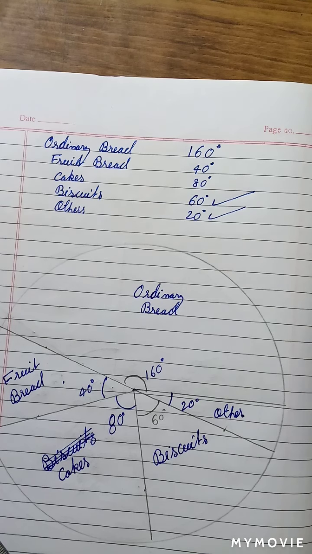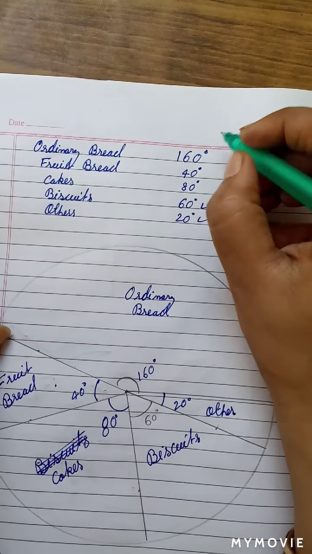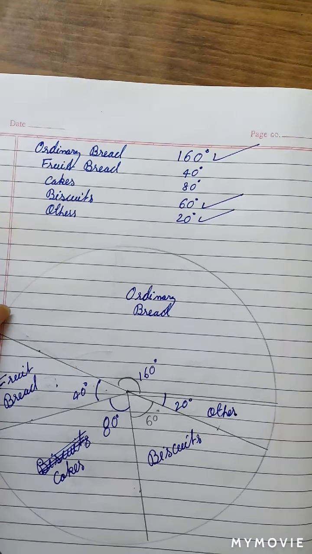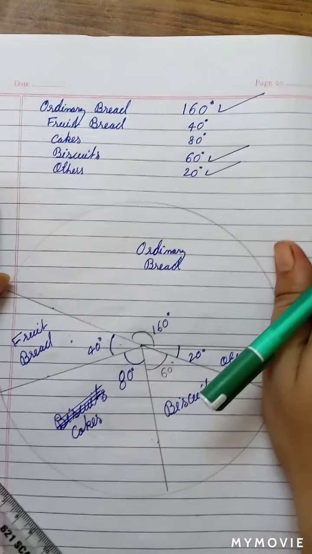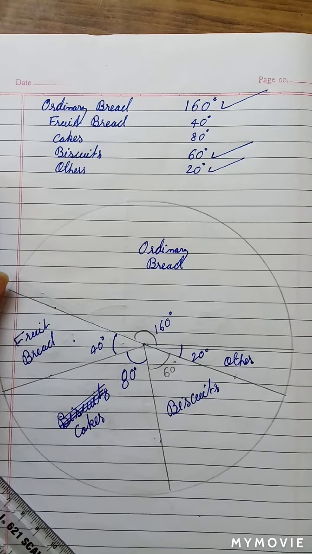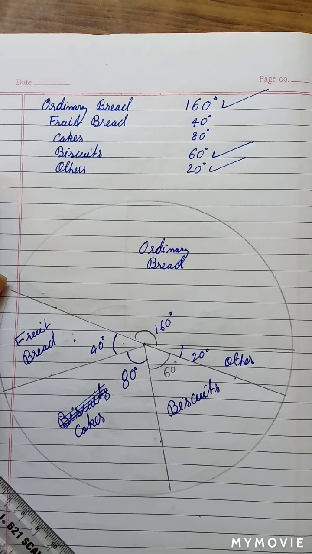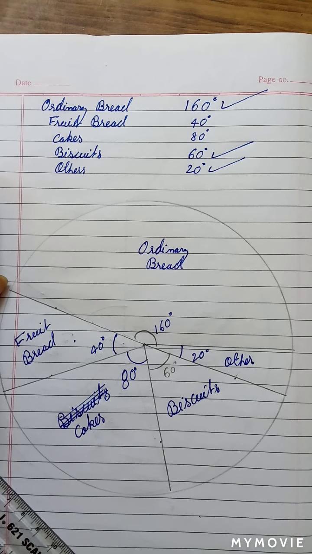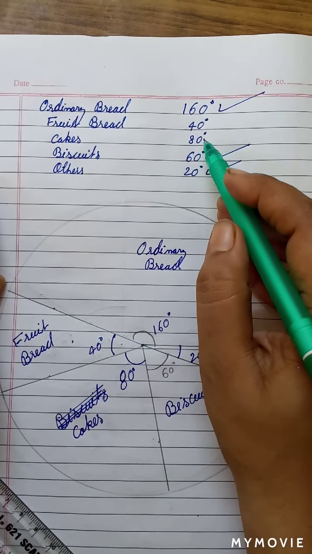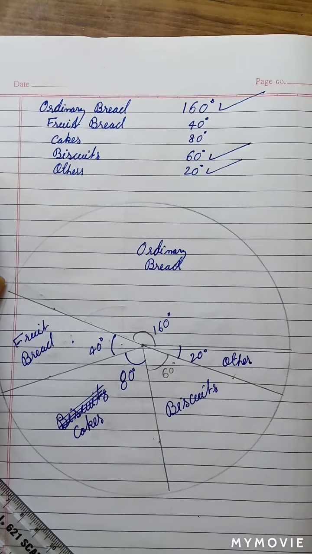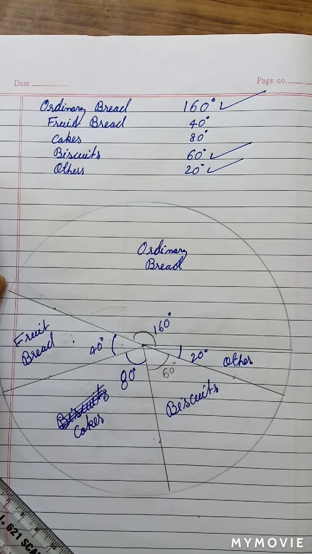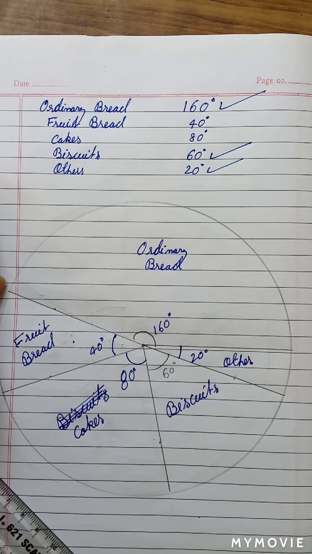He will know the maximum sale he receives is from ordinary bread. So he will focus on producing more ordinary bread, or maybe he might think that he needs to improve his sale in cakes and fruit bread. So he will try to improve the quality, something like that. So pie charts like this are helpful this way. So that was easy.